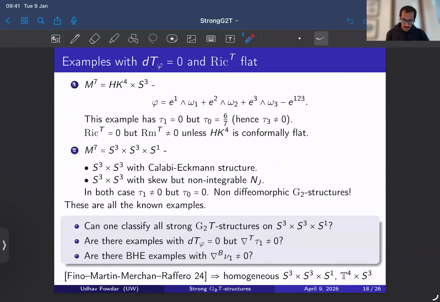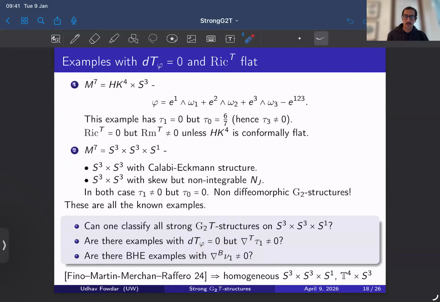Secondly, you can ask about examples where the structure is strong, but the Lee form is not parallel. Can you have examples where the torsion is closed, but the Ricci of the characteristic connection is not 0? Can this in fact occur? Equivalently, you can ask the same question in the Bismut-Hermitian-Einstein case: are there examples where the Lee form is not parallel?